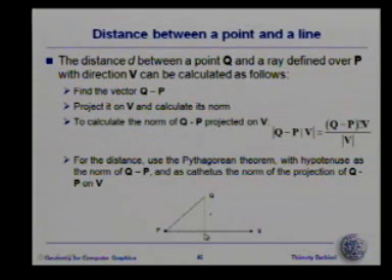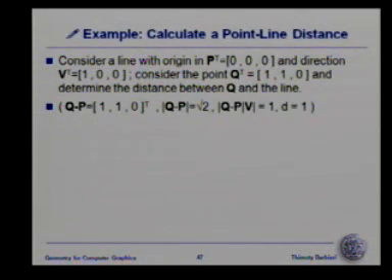You have this vector, which is the parallel projection of Q minus P over V, of which you can take the norm, and then use the Pythagorean theorem, using the norm of Q minus P as hypotenuse, and as a cathetus, the norm of the parallel projection. And then you get the distance. That's a way. Very geometrical.